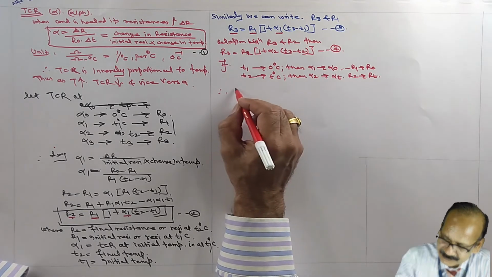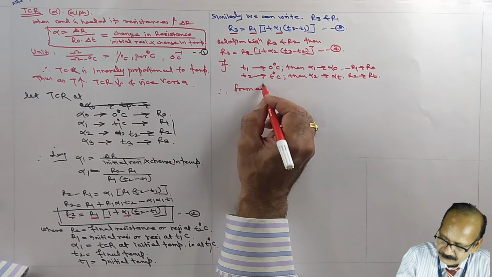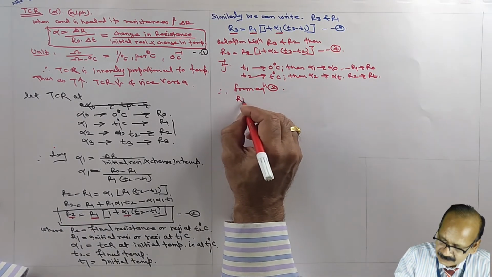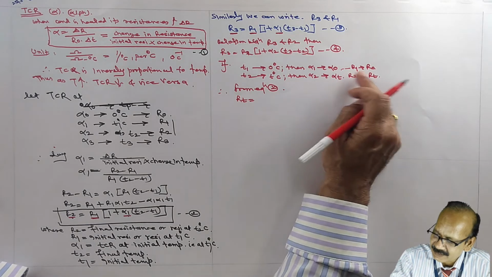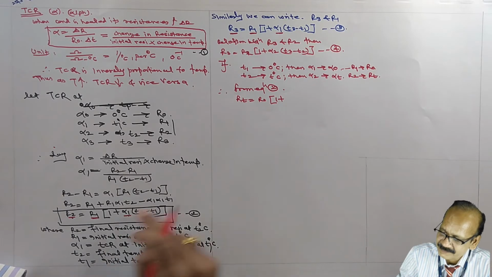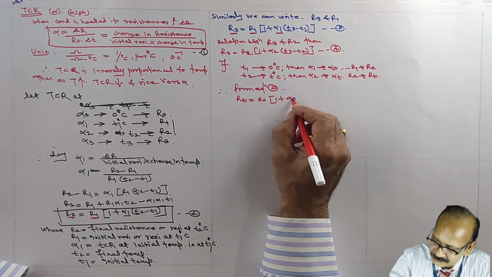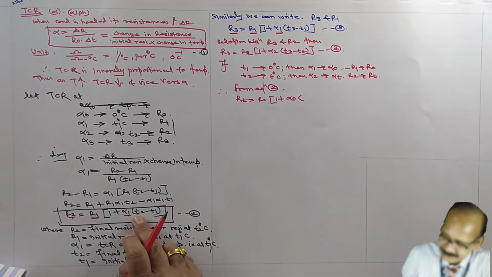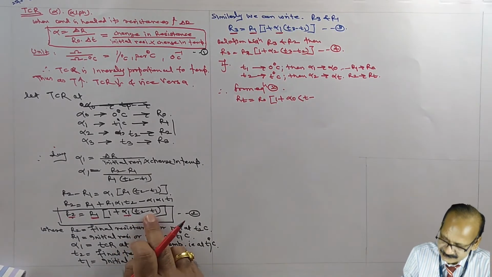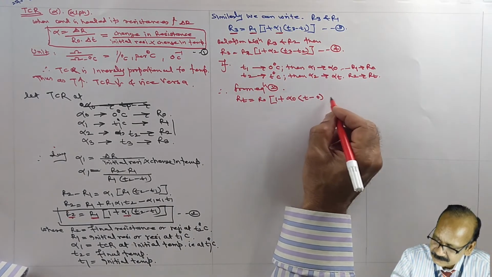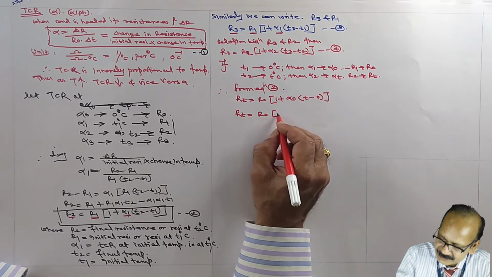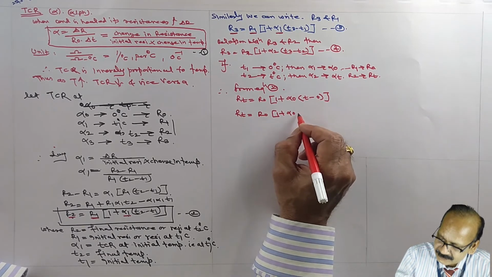Therefore, from equation 2, R2 is nothing but RT, and R1 is nothing but R0, into bracket 1 plus alpha 1, which becomes alpha 0, into bracket T2, which becomes T, minus T1, which becomes 0. So this can be written as RT equals R0 into bracket 1 plus alpha 0 into T.